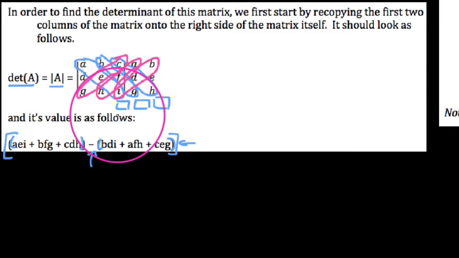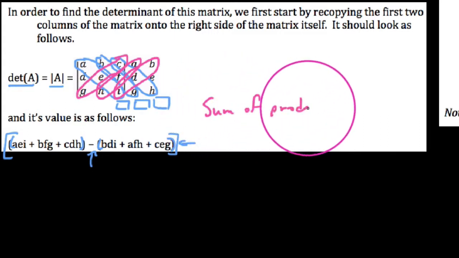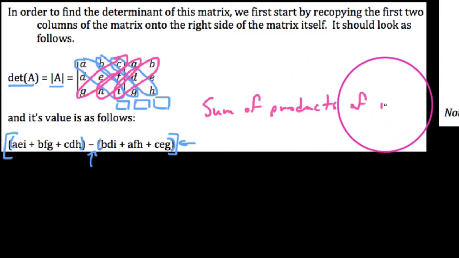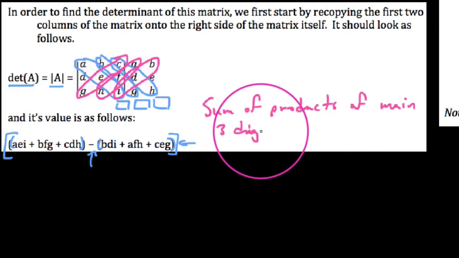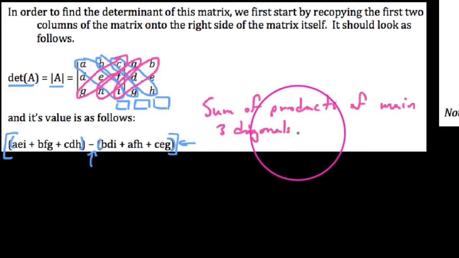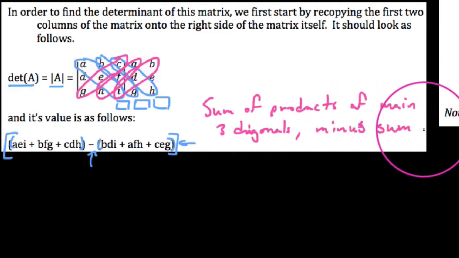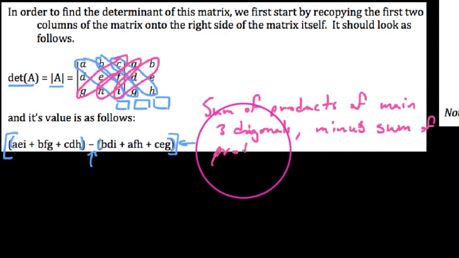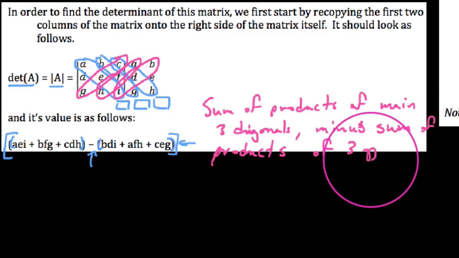So if I had to break down in words what you're doing when you find the determinant of a 3 by 3: we recopy the first two columns on the outside, but it is the sum of the products of the main three diagonals minus the sum of the products of the three opposing diagonals.